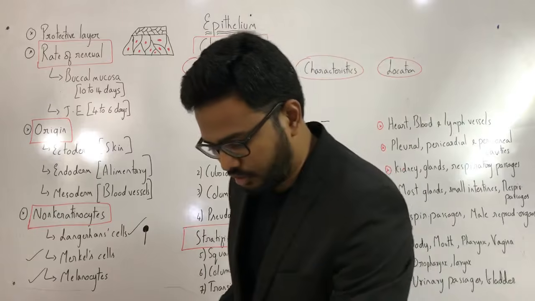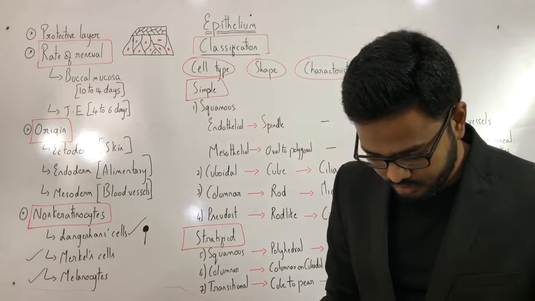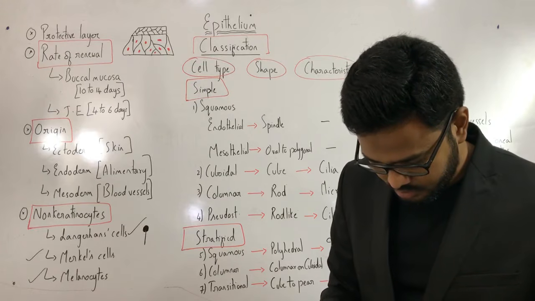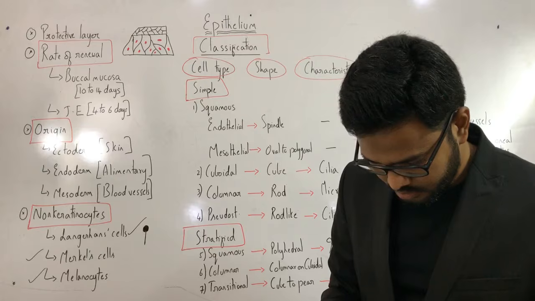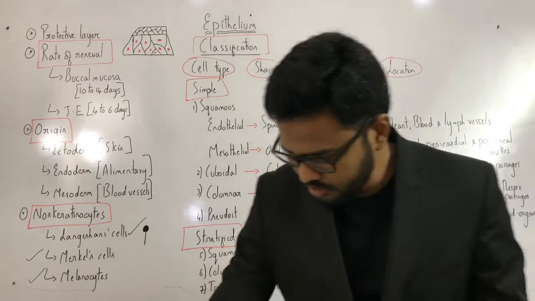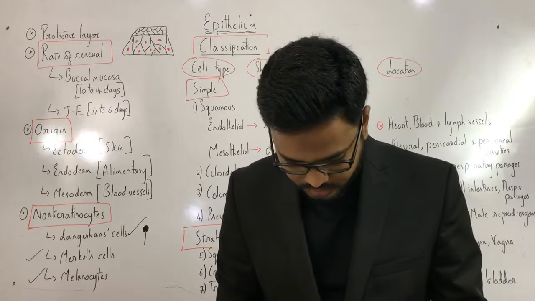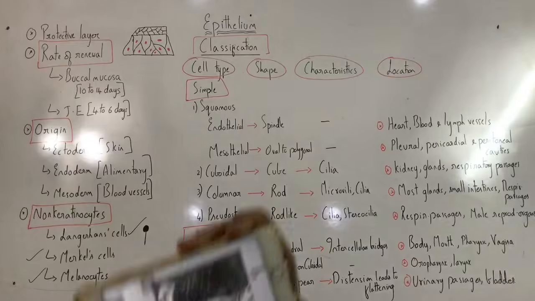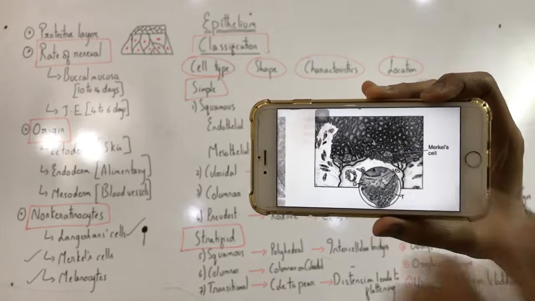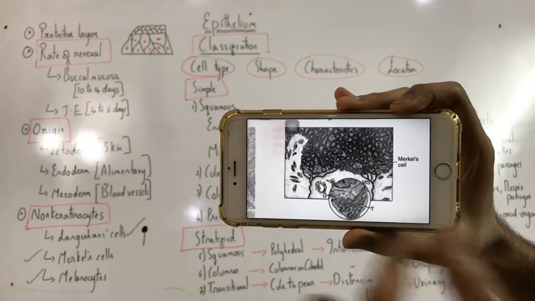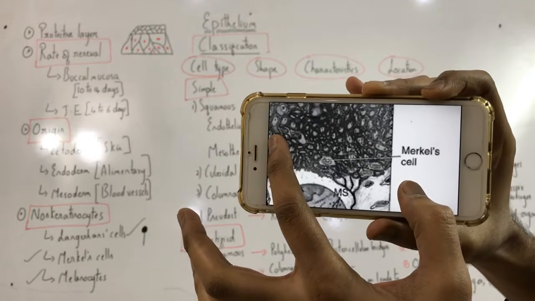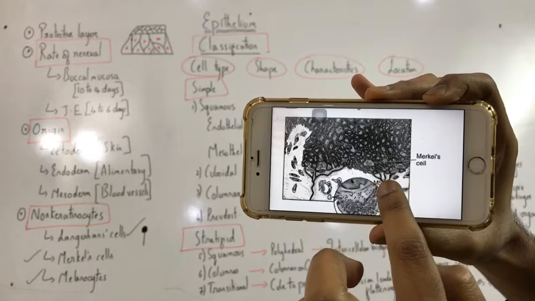I'll just show you an image of a melanocyte. You can just have a look. So these are your Merkel cells. I hope you can see. Let me zoom in. Right, so this is your Merkel cell, which is closely associated with your nerve fibers or your axon terminals.